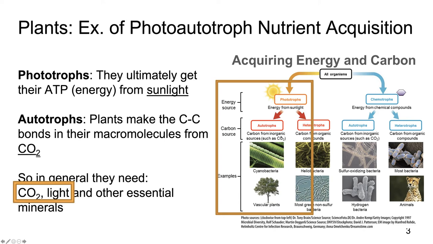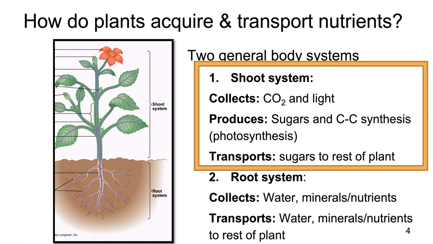For example, plants get their carbon from carbon dioxide in the air, or CO2. And so plants are phototrophs, they're autotrophs, and in general, they need to get CO2 and light and other essential minerals to survive.